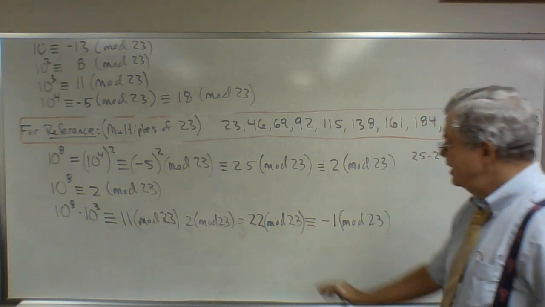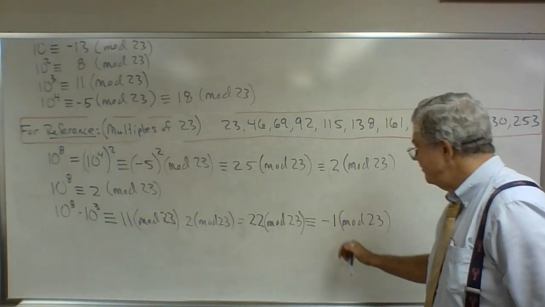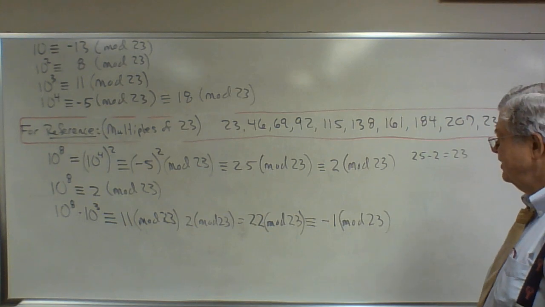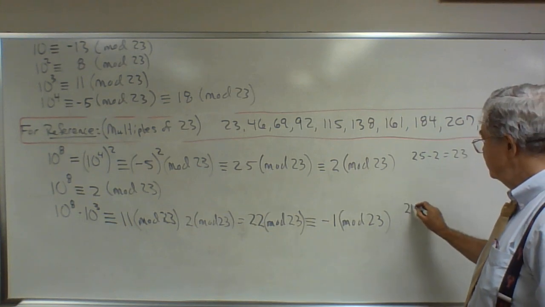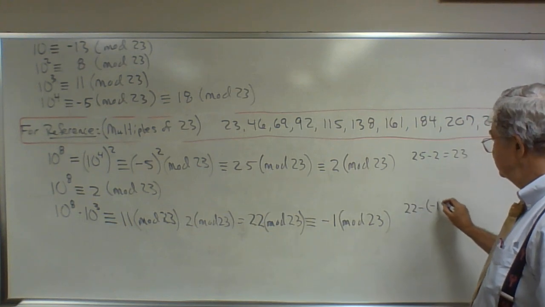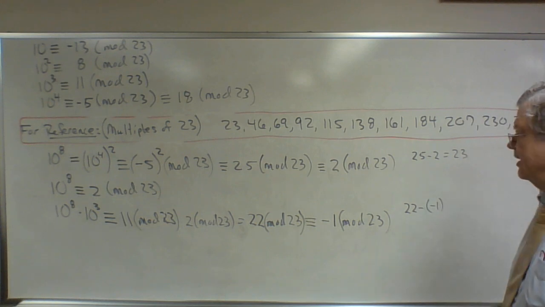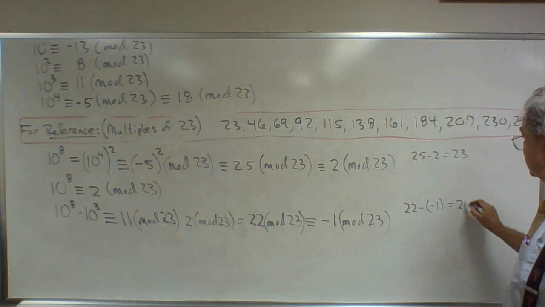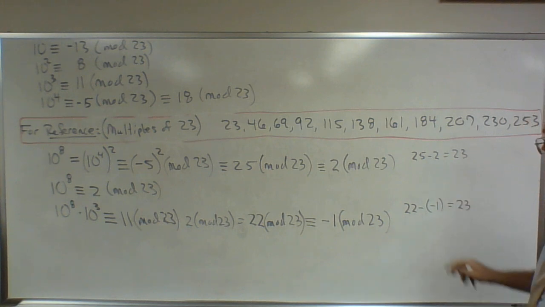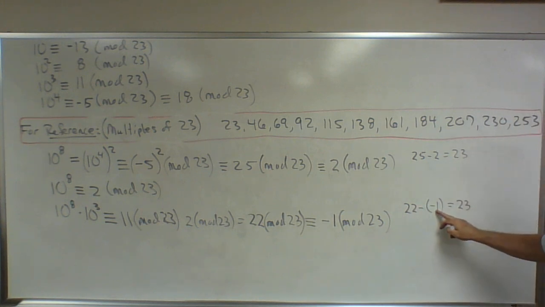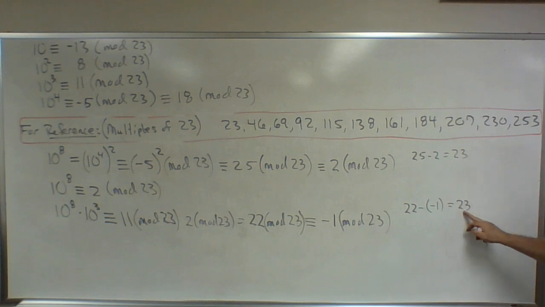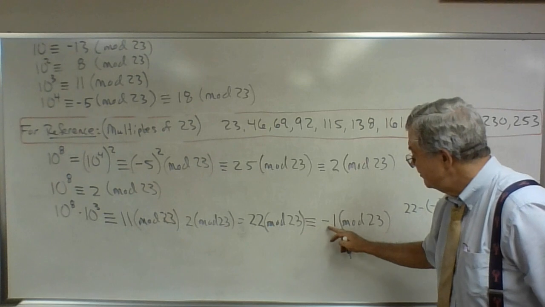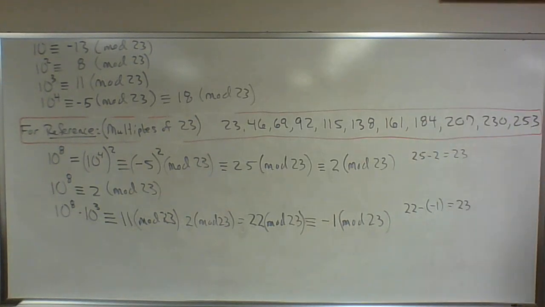Now, why is 22 congruent to negative 1 mod 23? 22 minus negative 1 is 23. The difference of 22 and negative 1 is a whole number multiple of 23. So 22 and negative 1 are congruent mod 23.